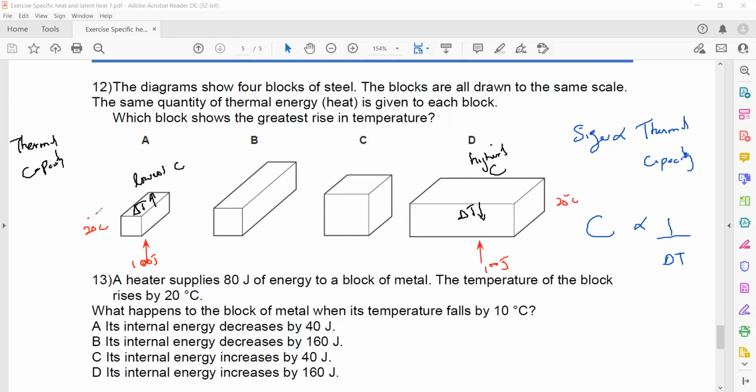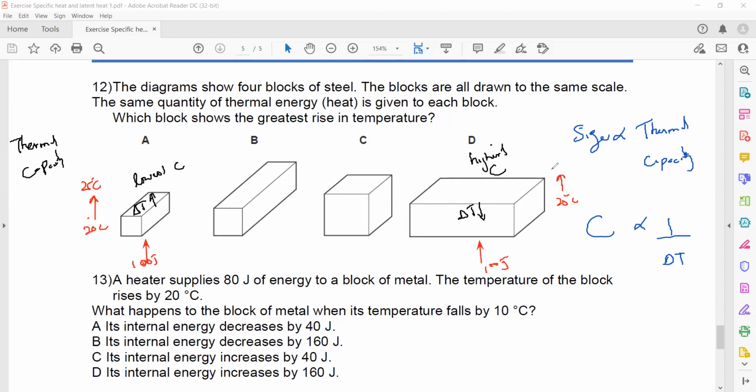When we supply the energy, the temperature changes because block A cannot absorb too much energy. When a material cannot absorb too much energy, its temperature starts to change because its particles are not able to hold that energy. So maybe this will have a temperature change from 20 to 25. But because D is a large object, when we supply 100 joules, there are many particles, so it can absorb a greater amount of energy.